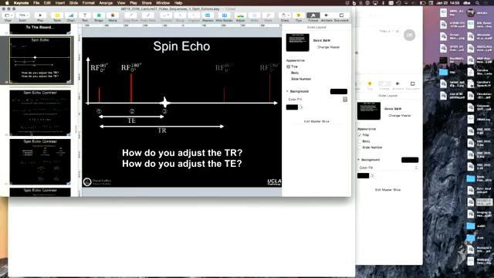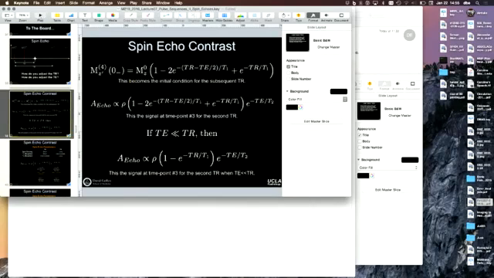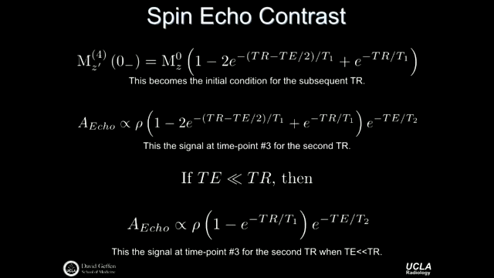Okay. Let me come to this slide here. This slide here just goes to describe a little bit about how the amplitude of the echo that we actually have, this is this time point 3 business in the second TR I was talking about, is dependent on a term that looks a lot like this. It's a little bit clumsy, a little bit awkward, you do not need to memorize it.